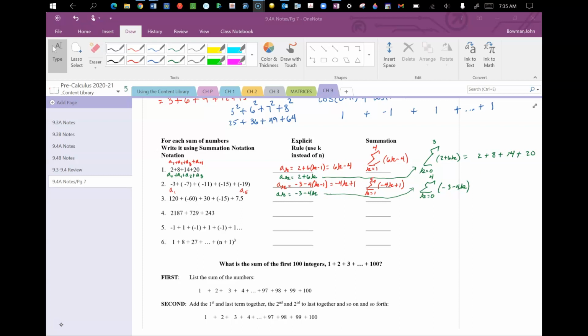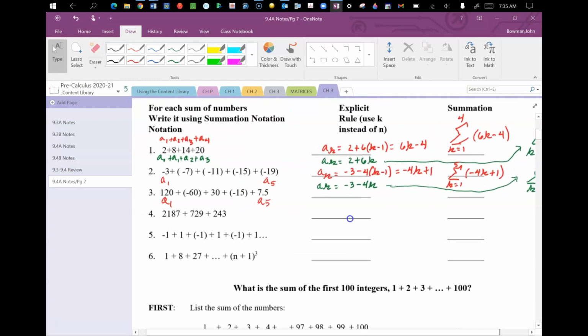Next thing we're going to do is we're going to move on to number 3, and number 3, if you take a look, is a geometric series. So we're going to again write the 120 as our first term. Simply count off 2, 3, 4, 5. So the 7.5 is our fifth term.